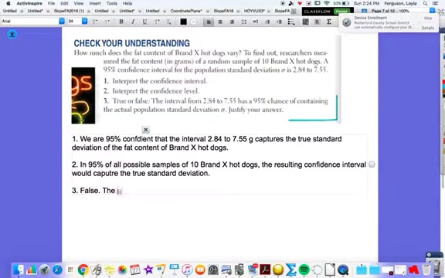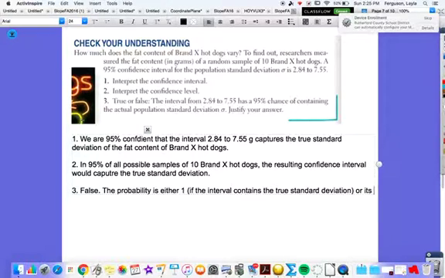The reason it's false is the probability is either 1, if the interval contains the true standard deviation, or it's 0, if it doesn't contain the true standard deviation.